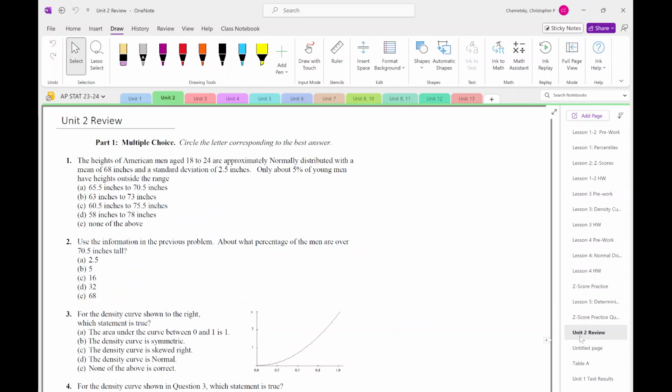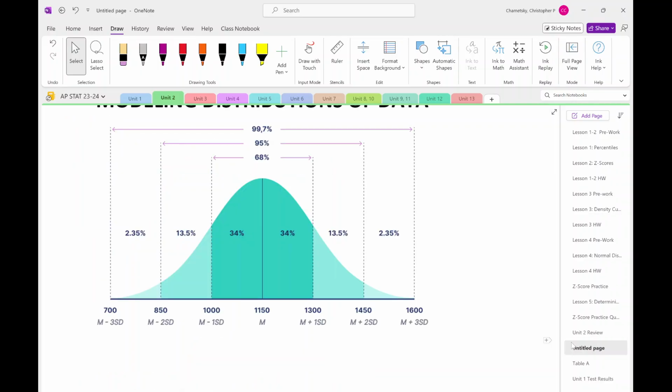If we are normally distributed with a mean of 68 and a standard deviation of 2.5, let's see if we can plot that. That means our mean is 68, and then every standard deviation away.